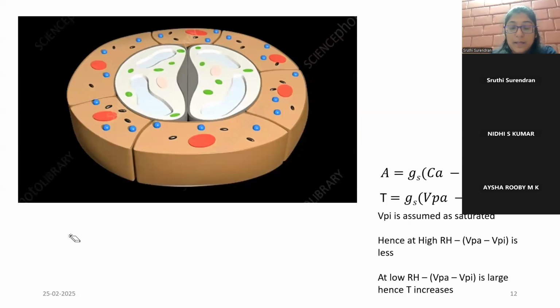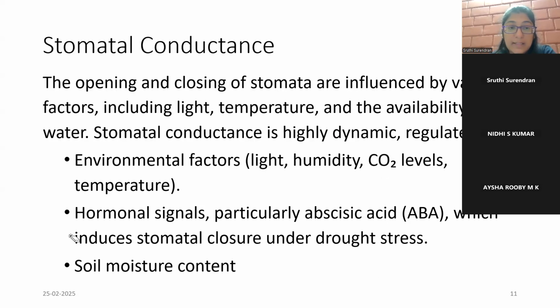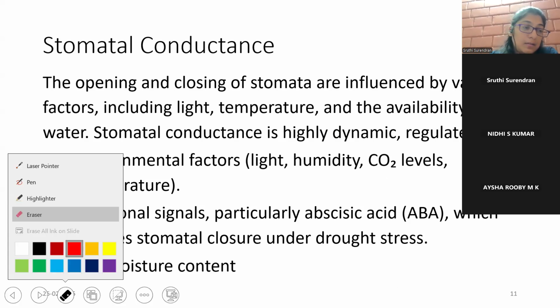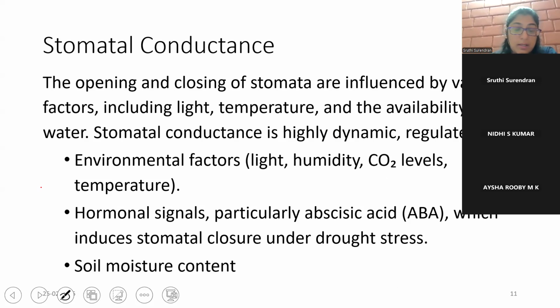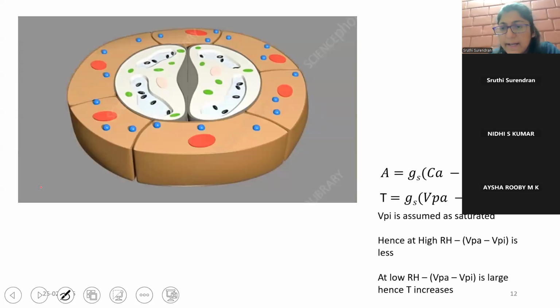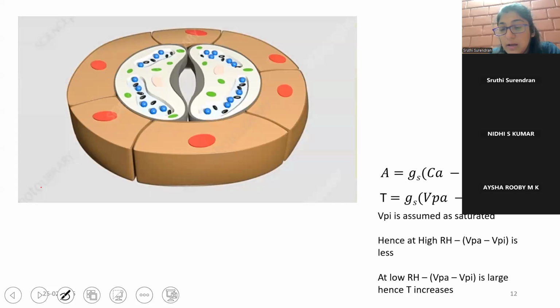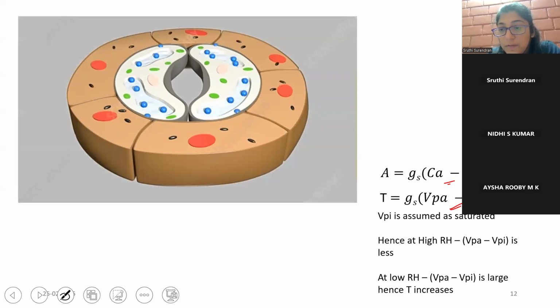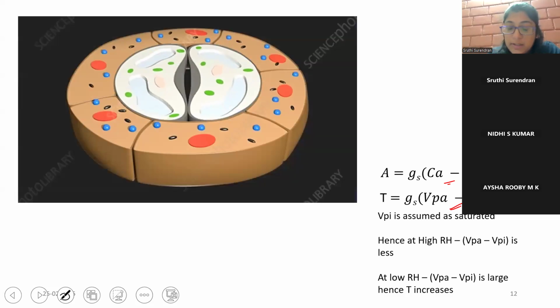So what we will be looking at in detail first is the environmental factor called humidity, and then eventually we'll go to the next factors. Earlier I had talked about the concentration gradient here and vapor pressure over here. Now what we are going to focus on is this vapor pressure deficit.